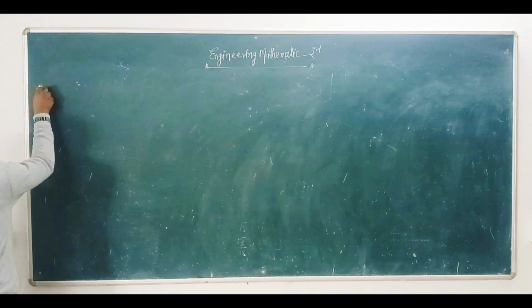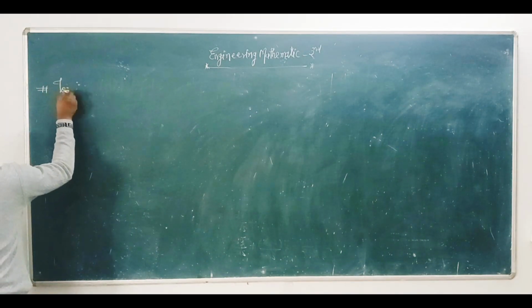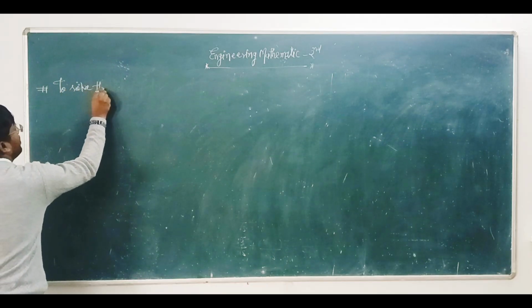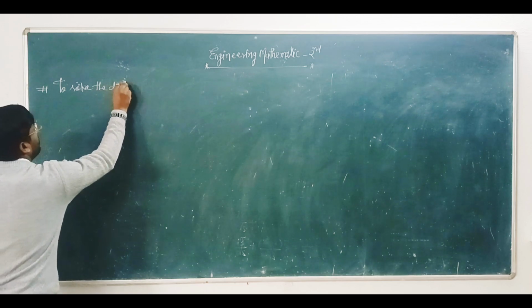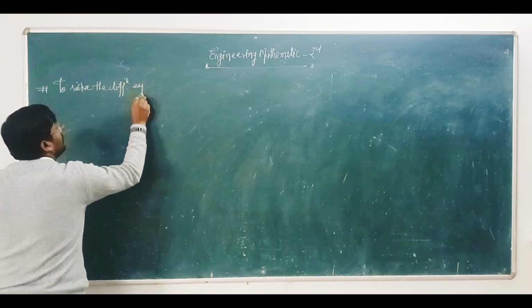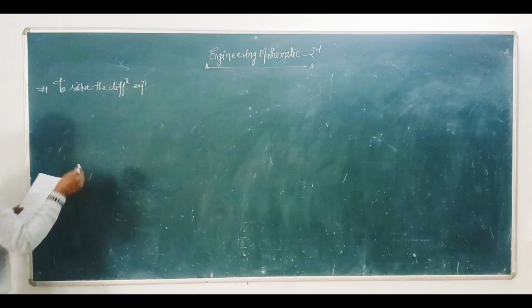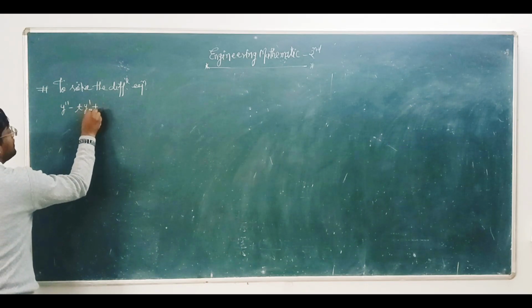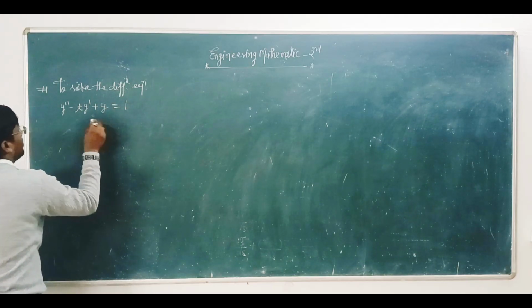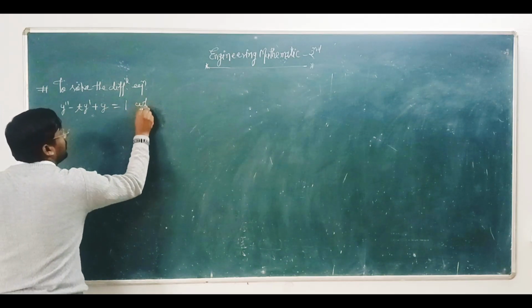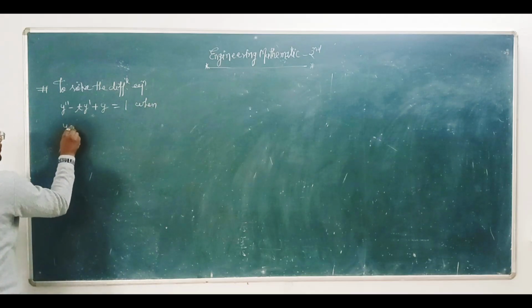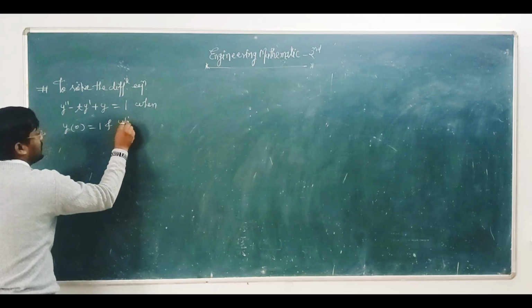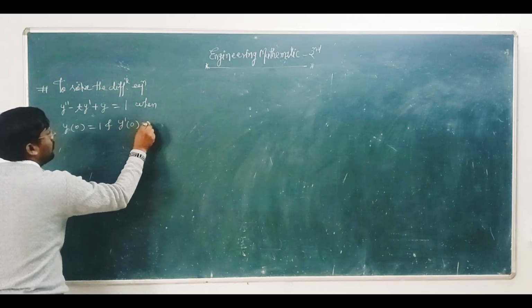To solve the differential equation: y double dash minus t y dash plus y is equal to 1, when y(0) is equal to 1 and y dash 0 is equal to 2.